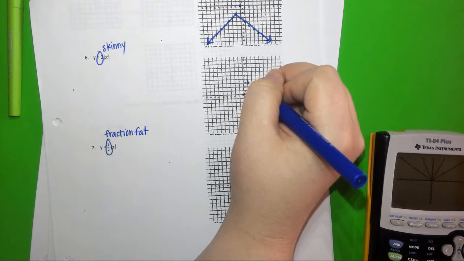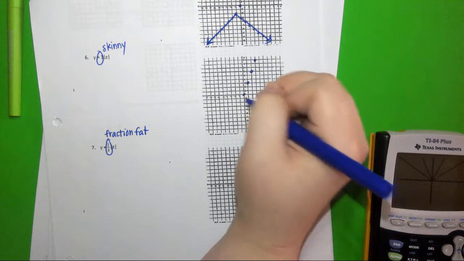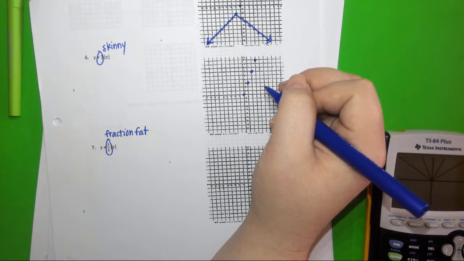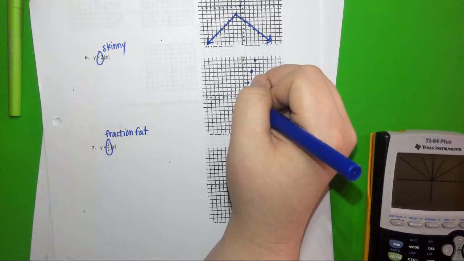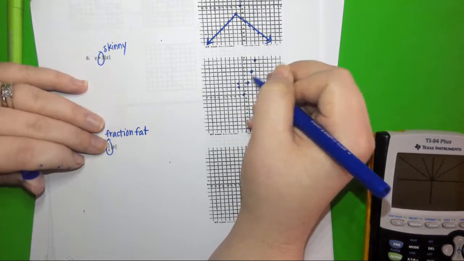And you could just keep going over 1 up 3. It's just like when we used to count slope, except it's the opposite of what you and I would have thought in life. Over 1 up 3.